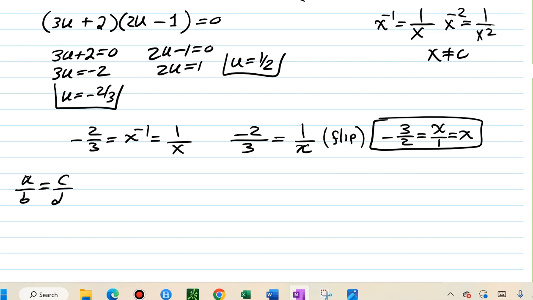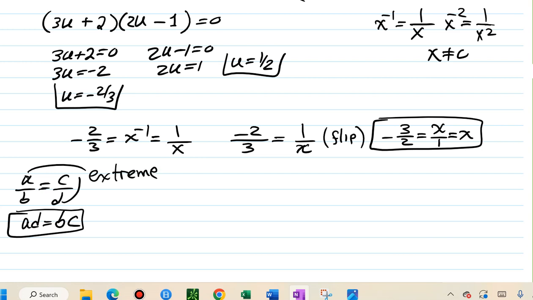Now cross multiplication, AD equals BC. That's what cross multiplication is. You multiply the A and D, we call them extremes. So these are extremes. Each of them is extreme. B and C are referred to as means of the proportion.